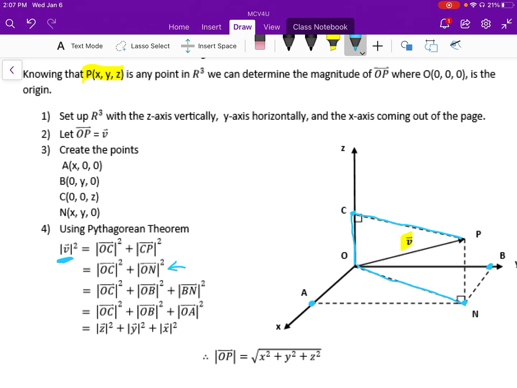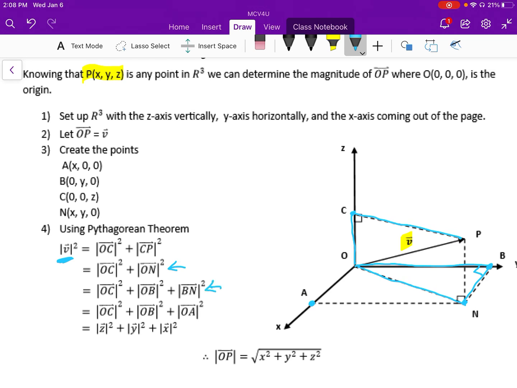Now, what is ON? ON is the hypotenuse for the triangle OBN. This is perpendicular, so ON is the hypotenuse. That means we use the Pythagorean theorem again, and we get OB squared plus BN squared, the magnitudes.